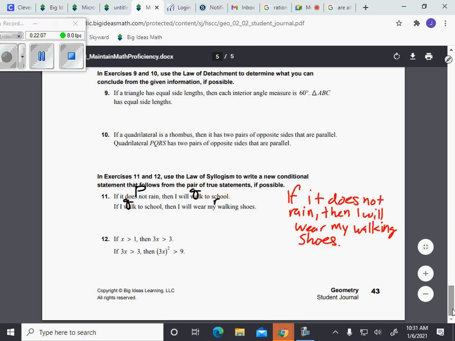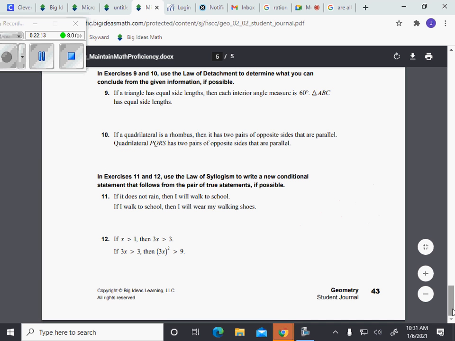Number 12 is a little different. Remember, we have to have if P, then Q, and if Q, then R. So we have if x is greater than 1, that's P, then 3x is greater than 3, Q. If 3x is greater than 3, then 3x squared is greater than 9, R. Maybe it's not different, this is the same thing.